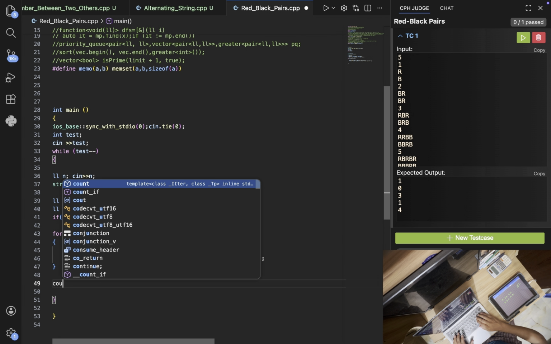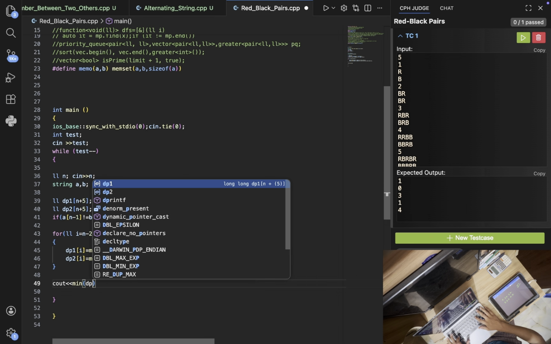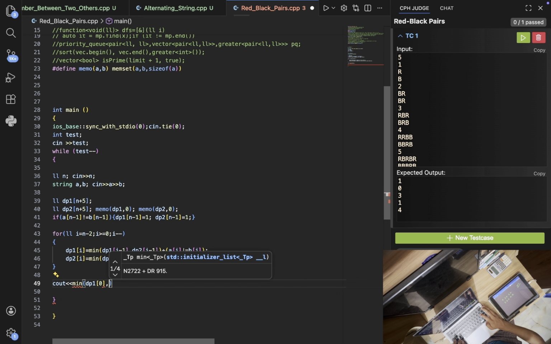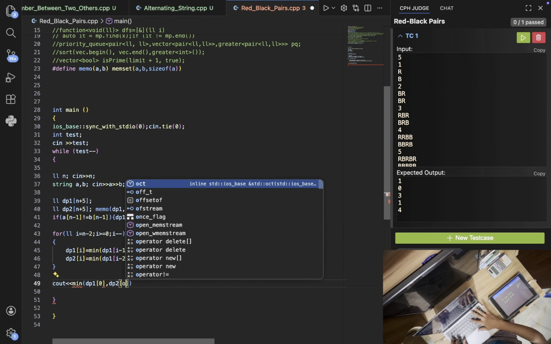Yeah, I think it's good. Cout minimum of dp1 0, comma dp2 0.